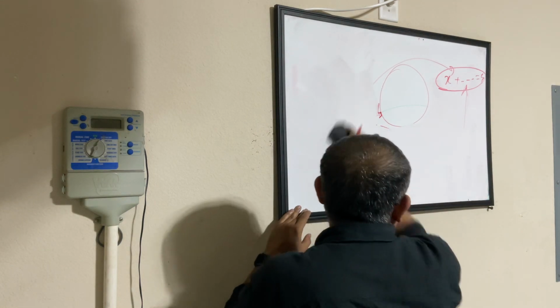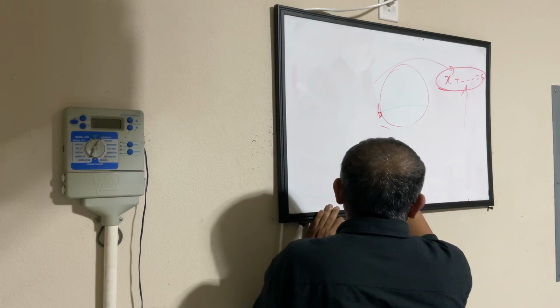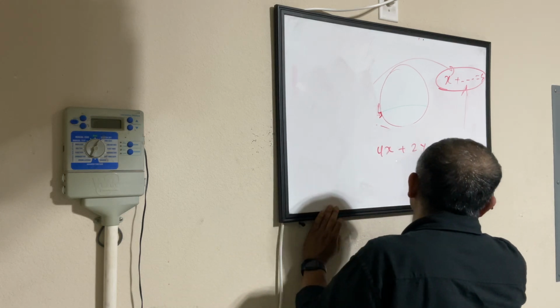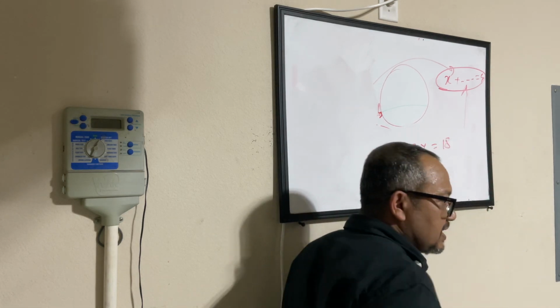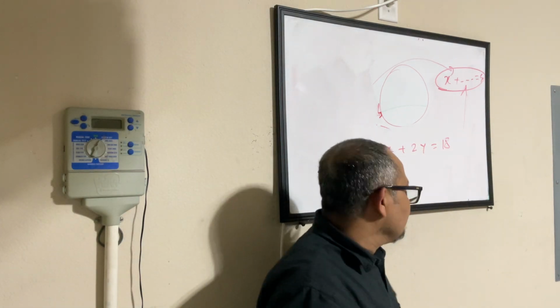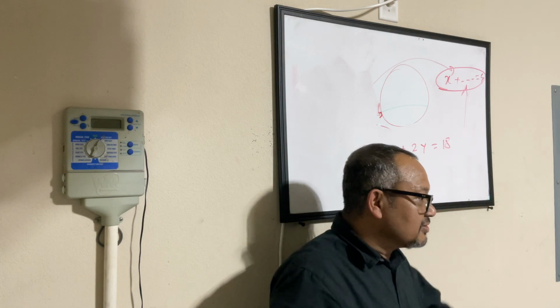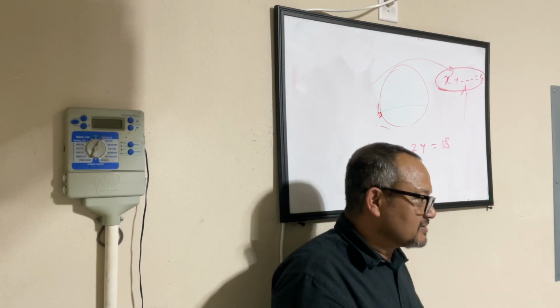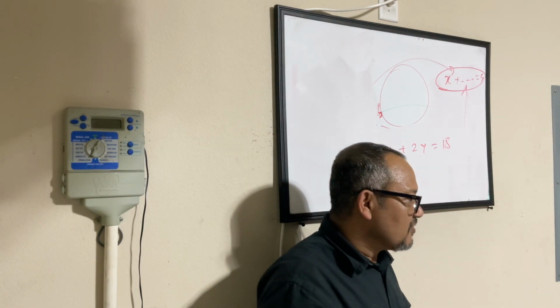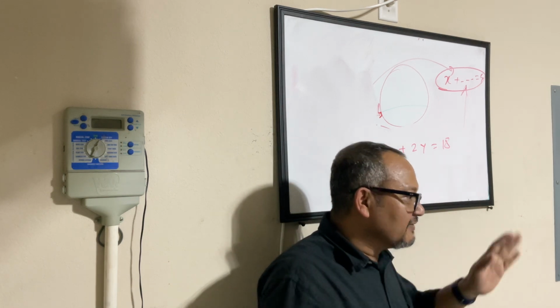If I have an equation 4x plus 2y equal to 18, what are the things that I can do with this equation without changing the overall meaning of it? What all can you do with this equation without changing the value of it?